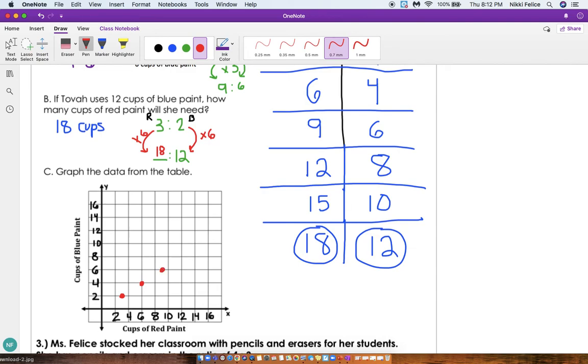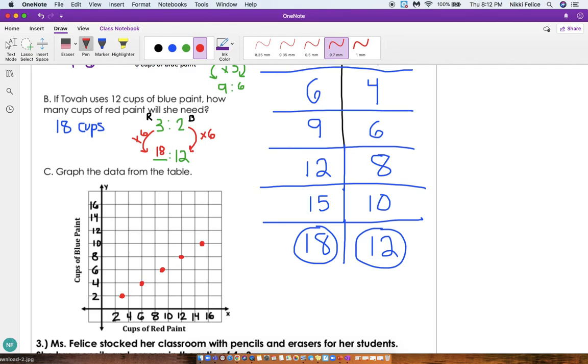Next would be 12 to 8. So I'm going to go over to 12 on the x-axis for red paint and up to 8 for blue paint. Let's do one more. 15 to 10. 15 cups of red paint up to 10 cups of blue paint.